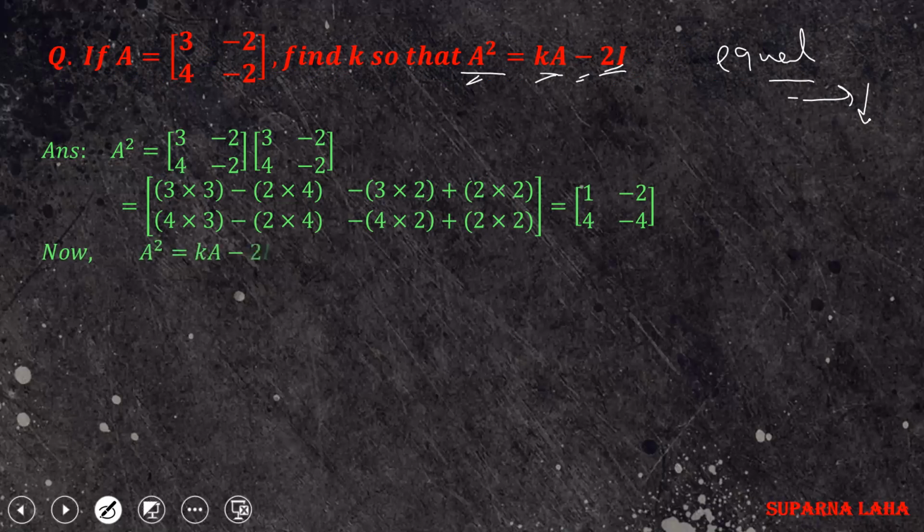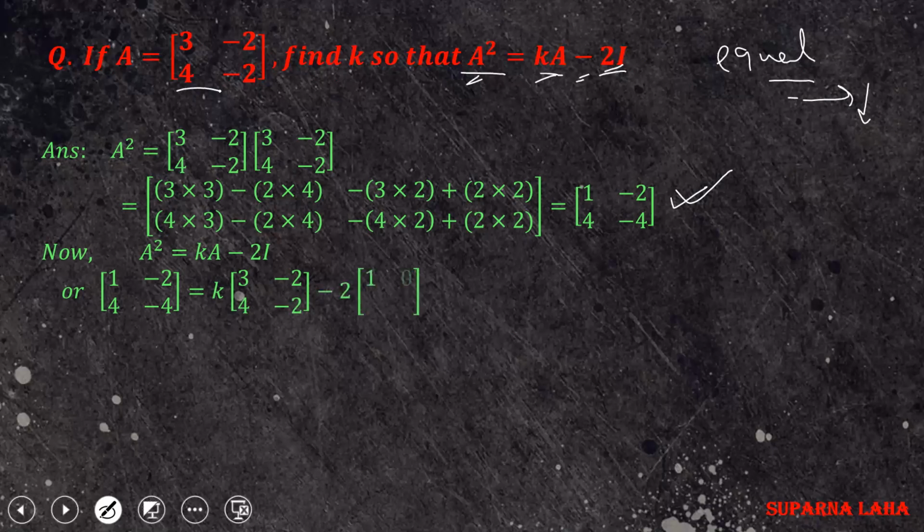So A square is given, KA minus 2I. So put the values of this matrix A and A square. What is A square? A square is this one, 1, minus 2, 4, minus 4. K into A is this one, 3, minus 2, 4, minus 2. Minus of 2I, I is the 2 cross 2 identity matrix, 1 0 0 1.